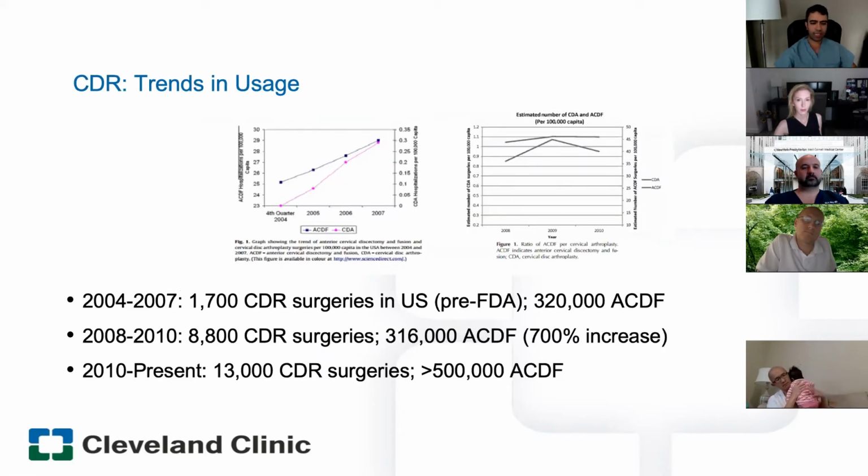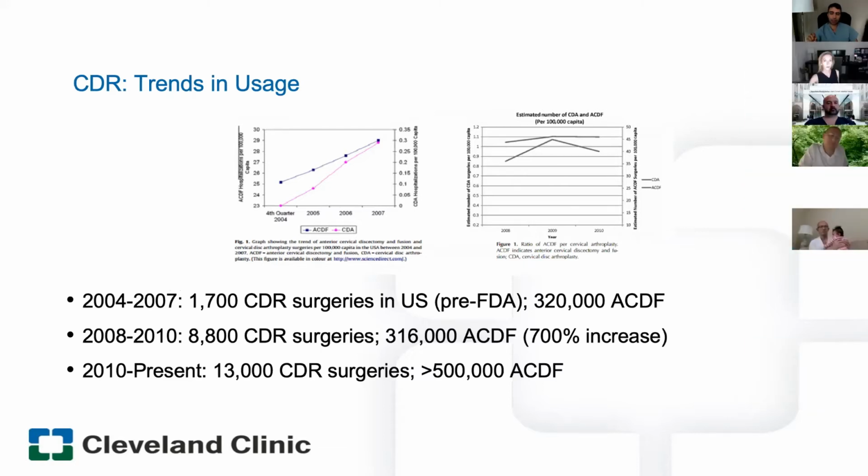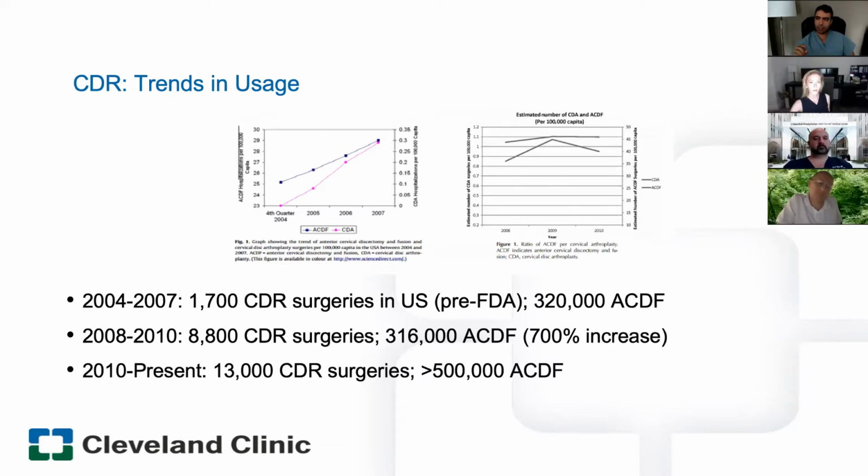And what's interesting is, if you look at the trends in usage, as I alluded to earlier, before 2007, remember that was a pivotal moment I talked about, okay? From 2004 to 2007, pre-FDA clearance, there was a little bit less than 2,000 of these surgeries performed in the total of the United States, compared to 320,000 ACDF procedures during that exact same amount of time, okay?